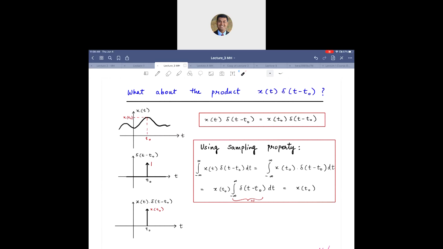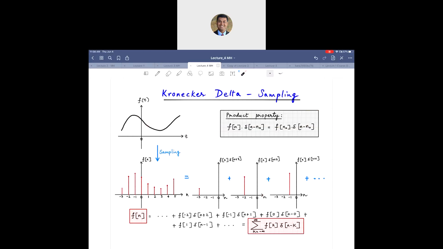All we did is replace the t's with the n's and t0 with some n0. That's it, to get our discrete version of that product property, which is right here. When you multiply a discrete sequence with an impulse present at some arbitrary time n0, you get an impulse present at that time n0, which is now scaled by f of n0. Its amplitude has changed: you evaluate the function at n0 and that becomes your new scaling.